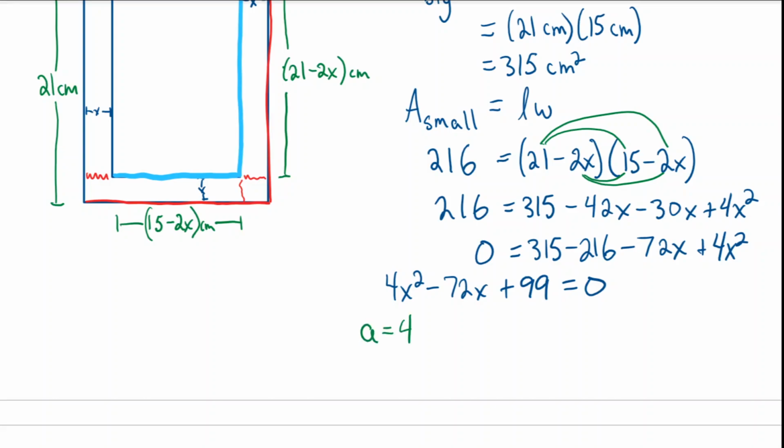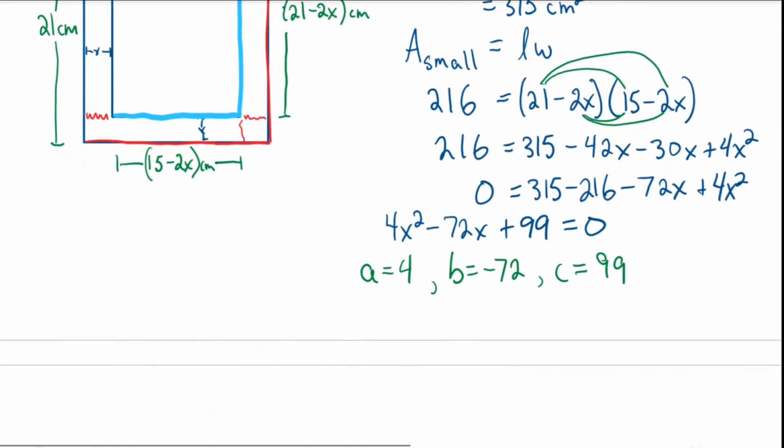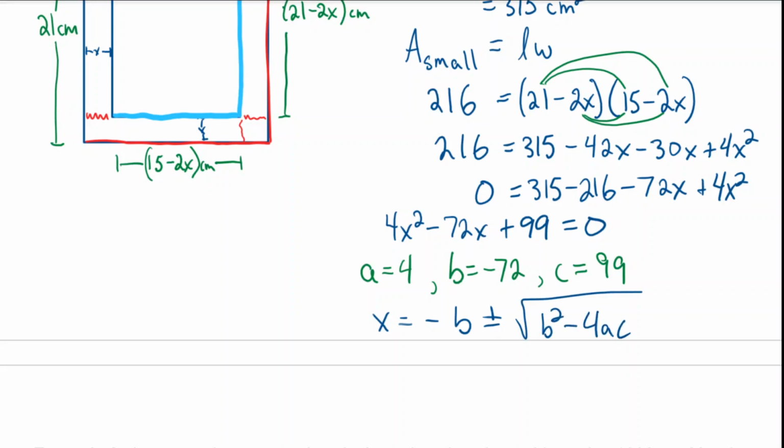A equals 4, B equals negative 72, and C is going to be 99. And the quadratic formula states that x equals negative b plus or minus the square root of b squared minus 4ac all over 2a.